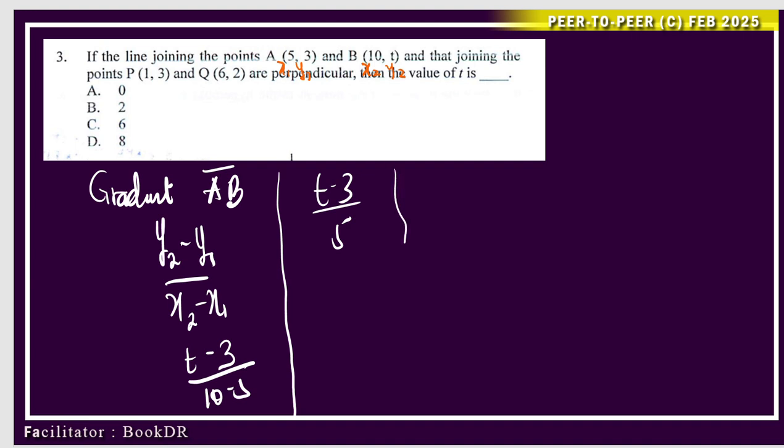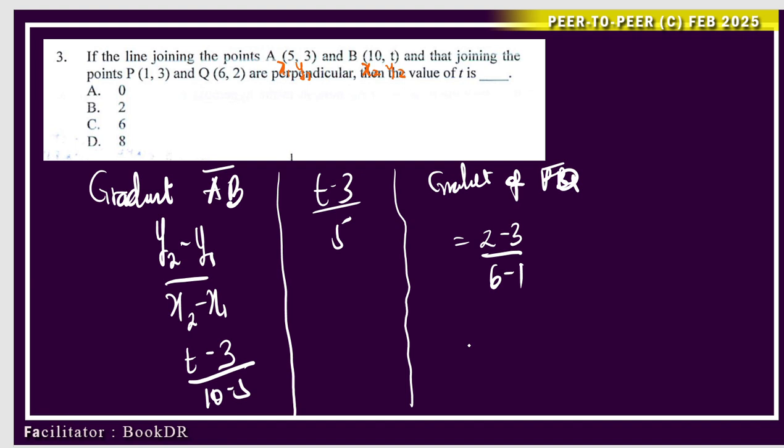Then we find the gradient of the line PQ. So we'll take Q as our x2, y2. So this will give us 2 minus 3 on 6 minus 1, and this is equal to negative 1 on 5.